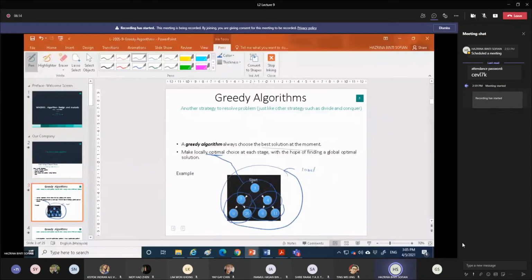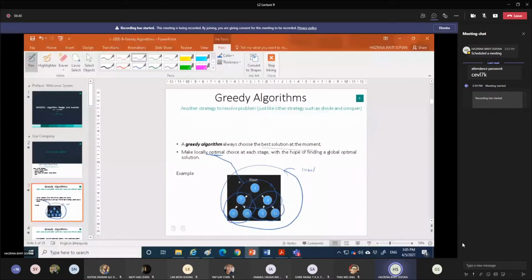So for this problem, we want to get the highest summation. So what we do is we see the first local. Between 7 and 4, being greedy, in this case we have a maximization problem. So when we want to maximize it, of course we will choose the highest. So 3 plus 7, it will be 10. From this, we will have another local where we need to find the optimal choice at this stage.